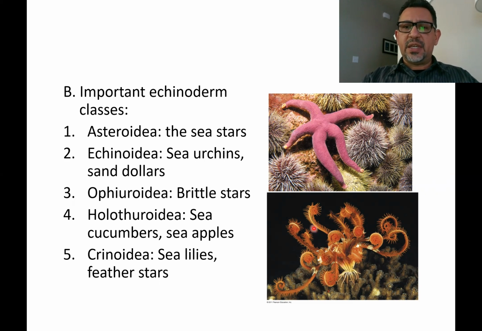And what you see here are going to be bundles of tube feet, and the tube feet are going to be used for moving water in the direction of the mouth, which is located here, where all of these, what appears like arms, are going to be projecting from. They also have a specialized part of the body that they use for anchoring, for attachment to the substrate. And you can see that in this illustration as well.